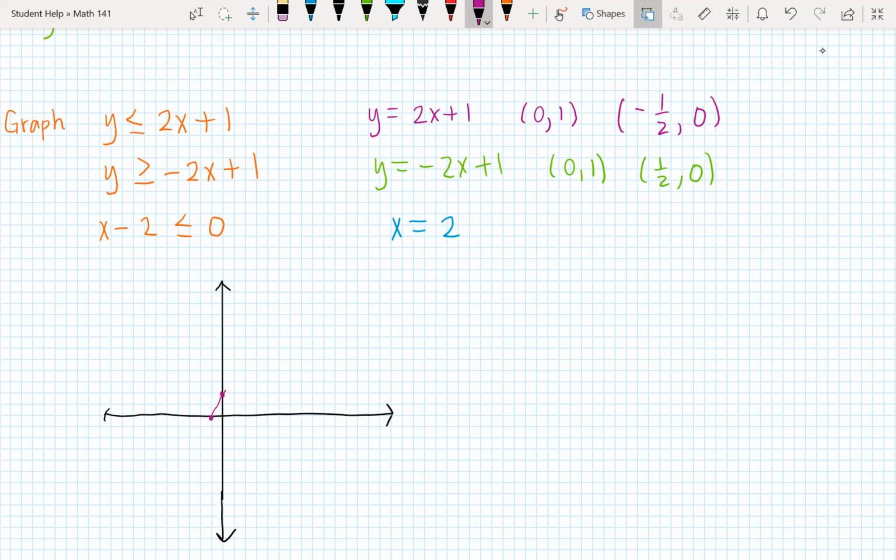So this line is going to be like that. And then for our second line, we're at 0, 1, and then 1/2, 0, so here.